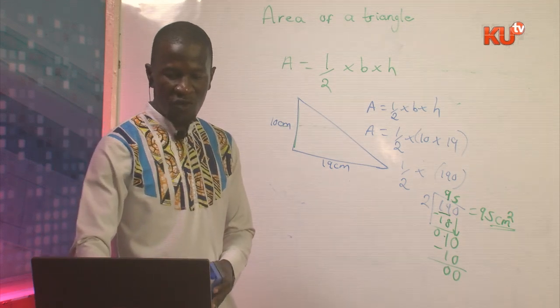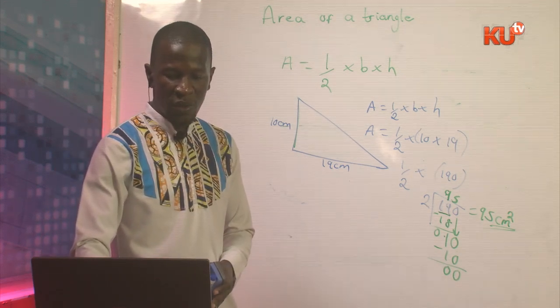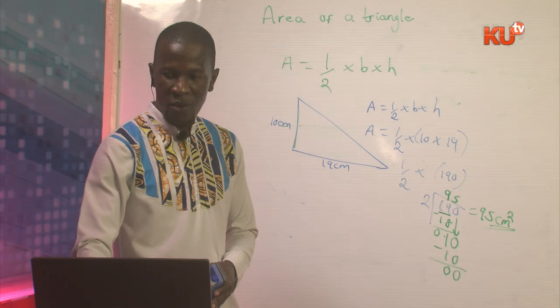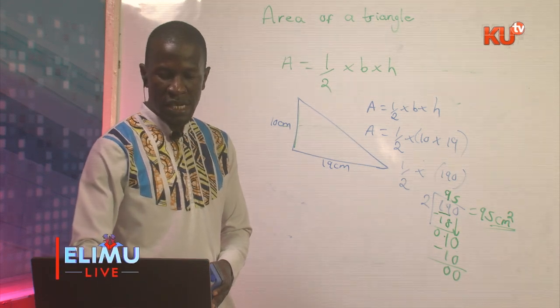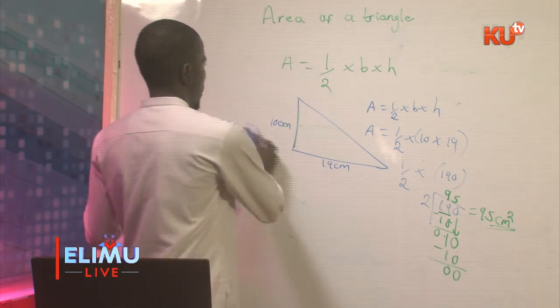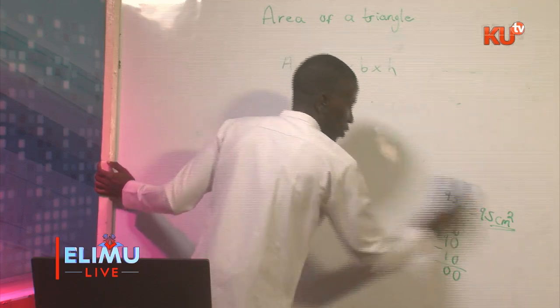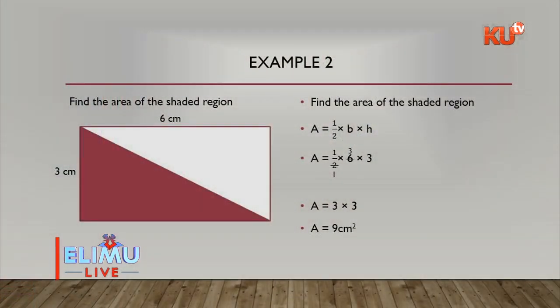I want us to move to example 2 so that we can see what example 2 is. I hope you can see it clearly on your screen. Example 2. Example 2 says, find the area of the shaded region.